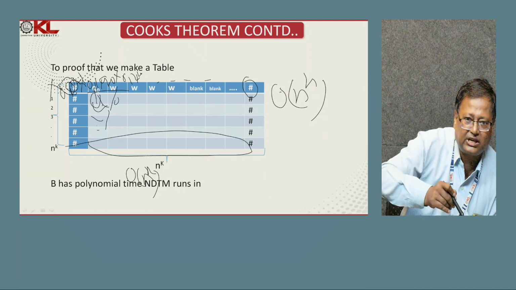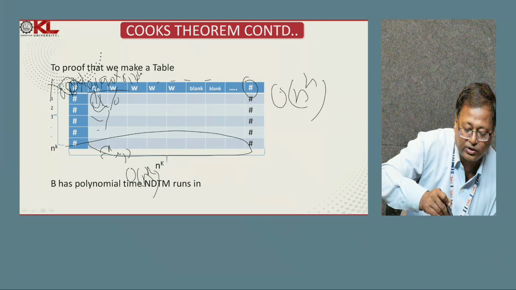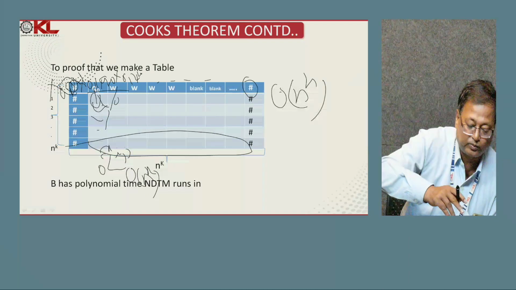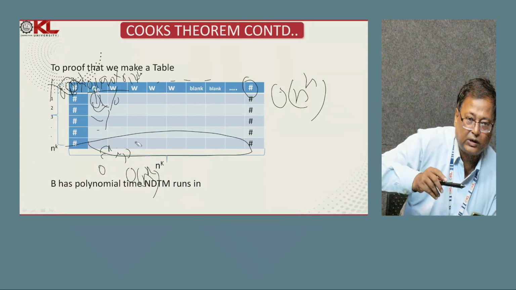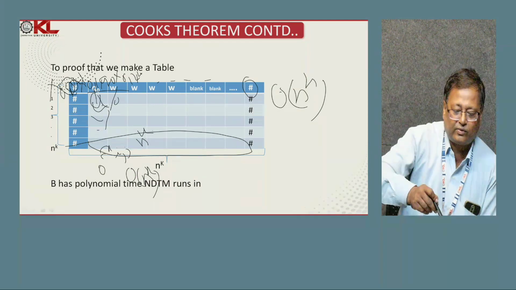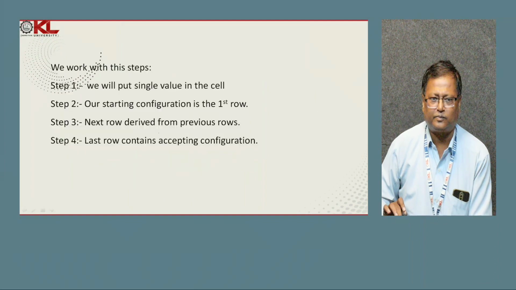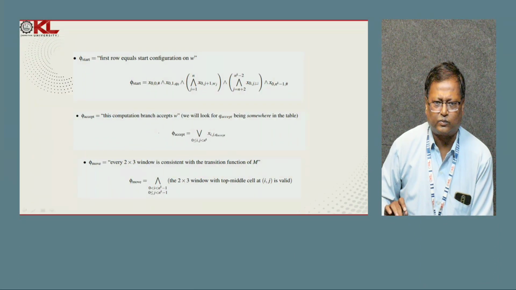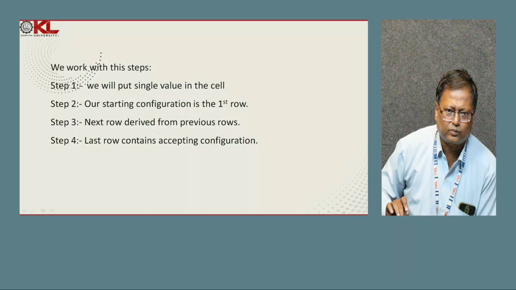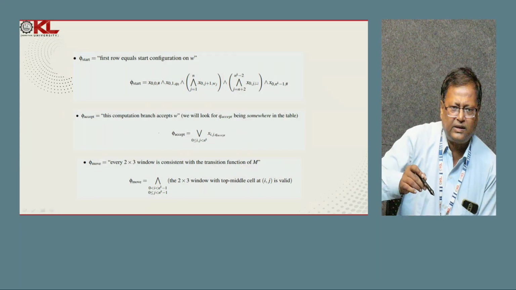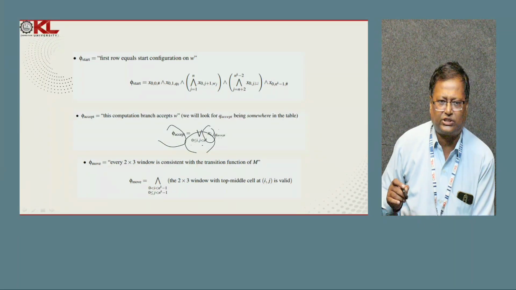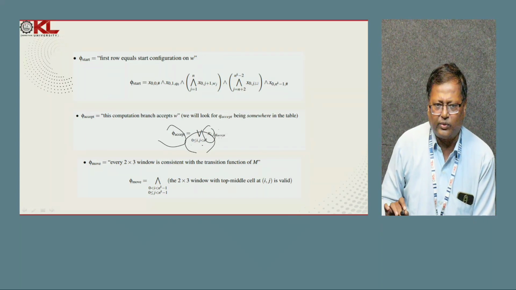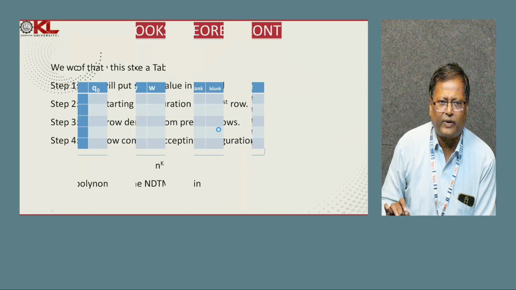So q accept is the state x ij, and in between that we derive the moves, how to go from first to second.